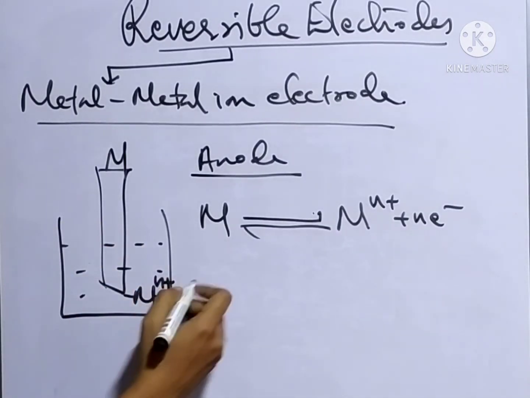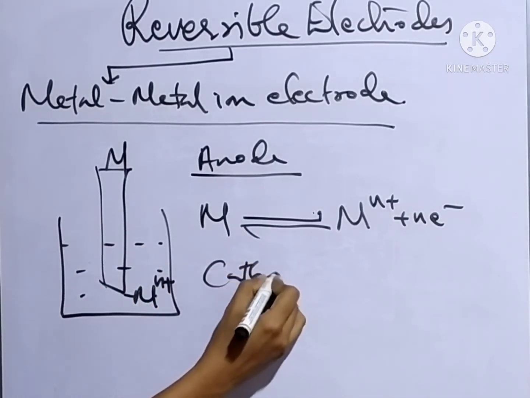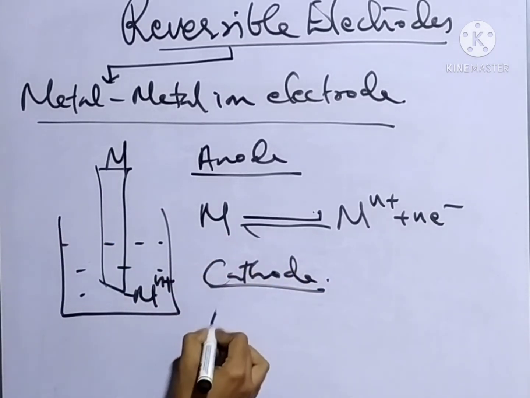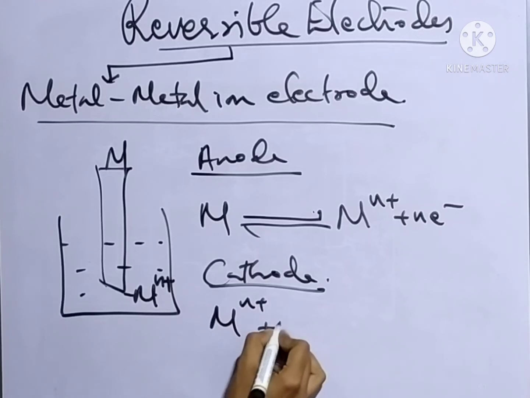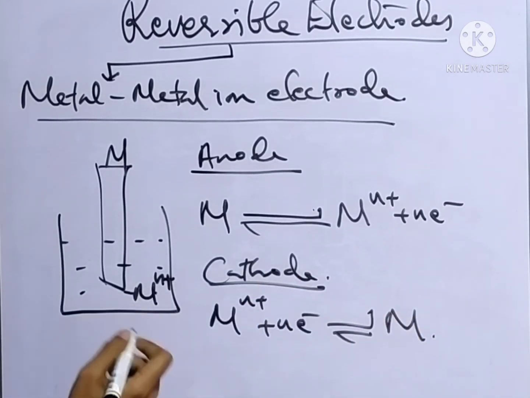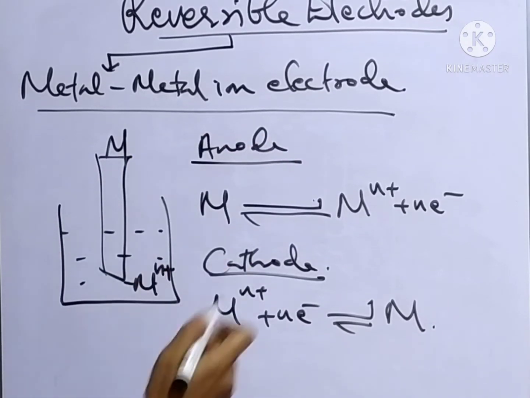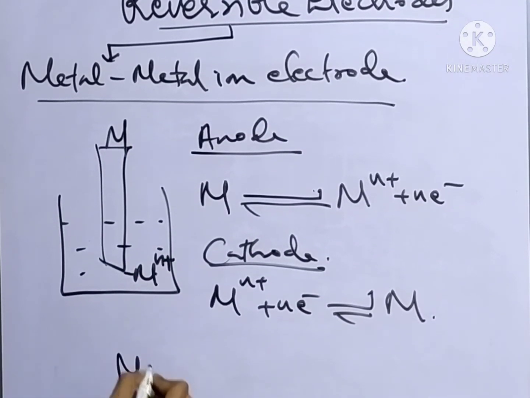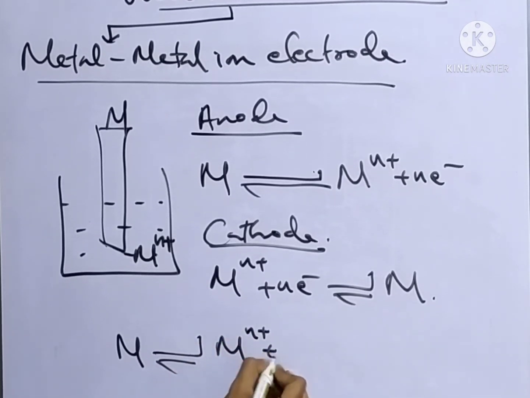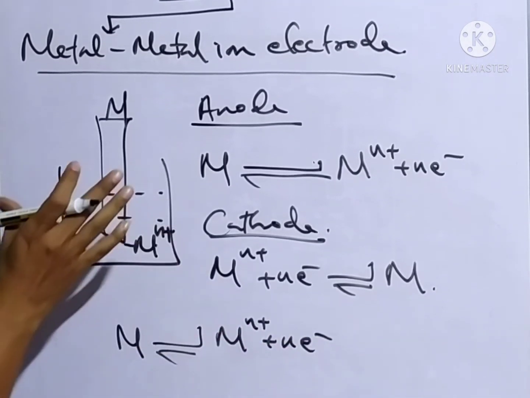If it acts as a cathode, then the reaction will be a reduction reaction. We can write it as Mn plus plus n electrons reversibly gives M. So combined we can write the reaction like this: M reversibly gives Mn plus plus n electrons.